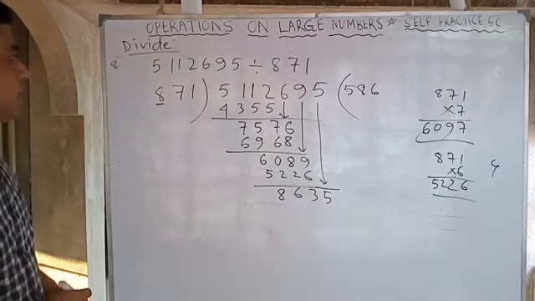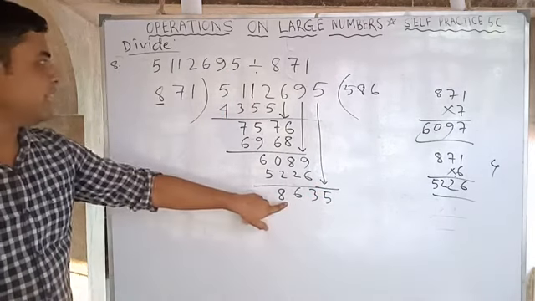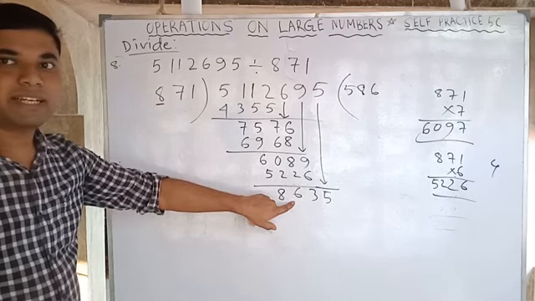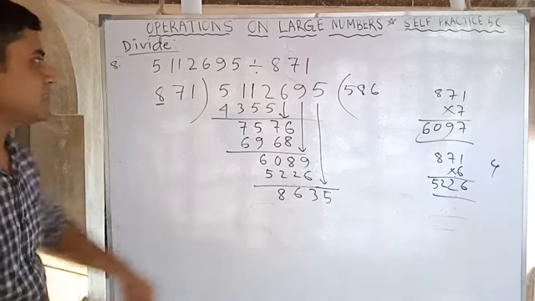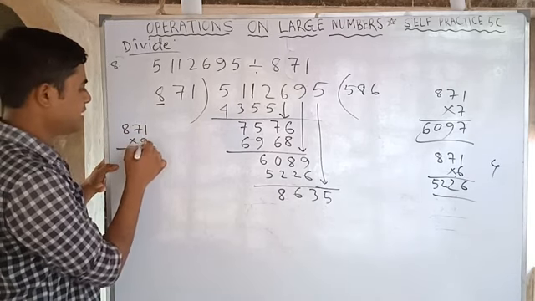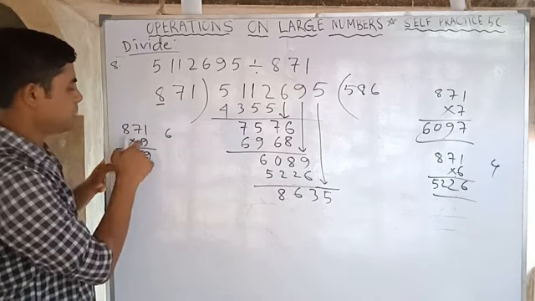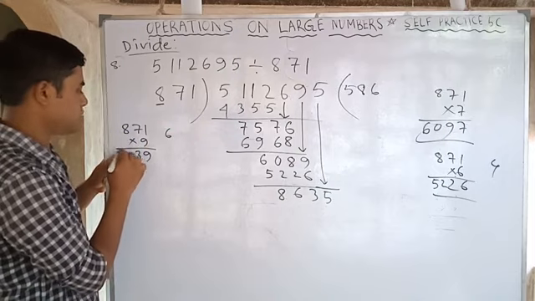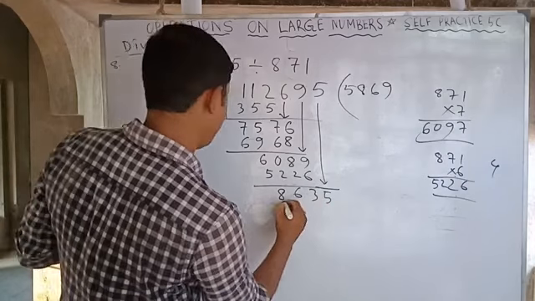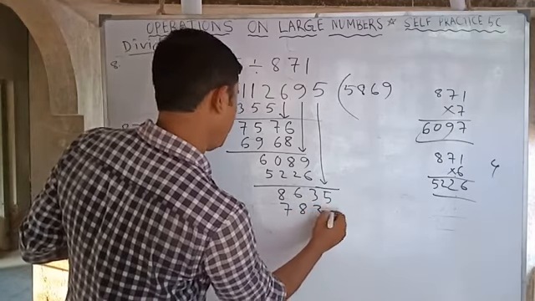So by which number will we take? 8, 86. That means 8 tens are 80. No, by 9. Let's check for 9. 871 by 9: 9, 3, carry 6, 72 and 78. Yes. So by 9, 7, 8, 3, 9.